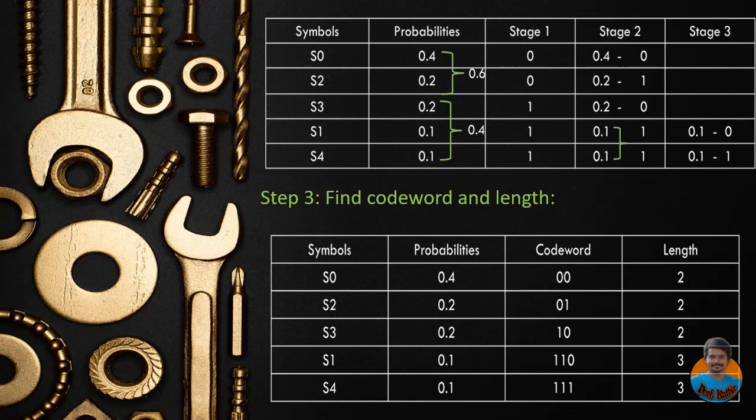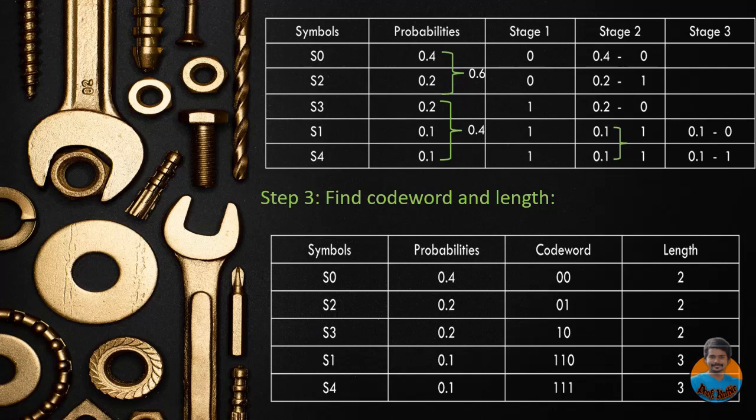For S2, which is 0.2, in stage 1 it is 0 and 1 in stage 2, so the code word is 01. Likewise for S3, stage 1 is 1, stage 2 is 0, so the code word is 10. For S1, code word is 110 and for S4, code word is 111.